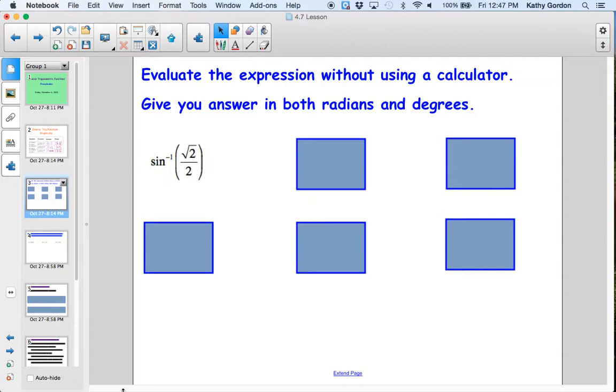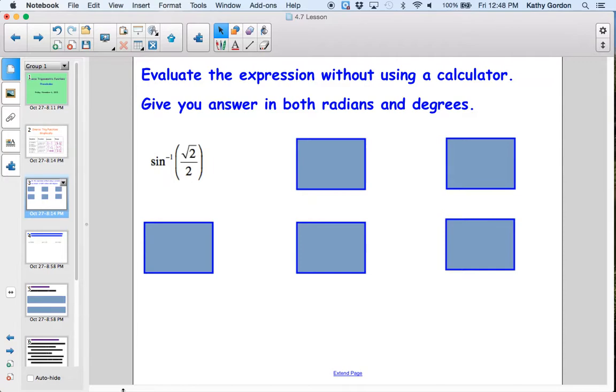And the hand trick still works, right? You just have to decide which finger would I have to put down to end up with a sine that was square root of 2 over 2. So that would be this finger, and this finger represents 45 degrees. Pi over 4, 45 degrees. Now, the other thing you then have to decide is, of the two quadrants I'm allowed for answers, which one is this in?